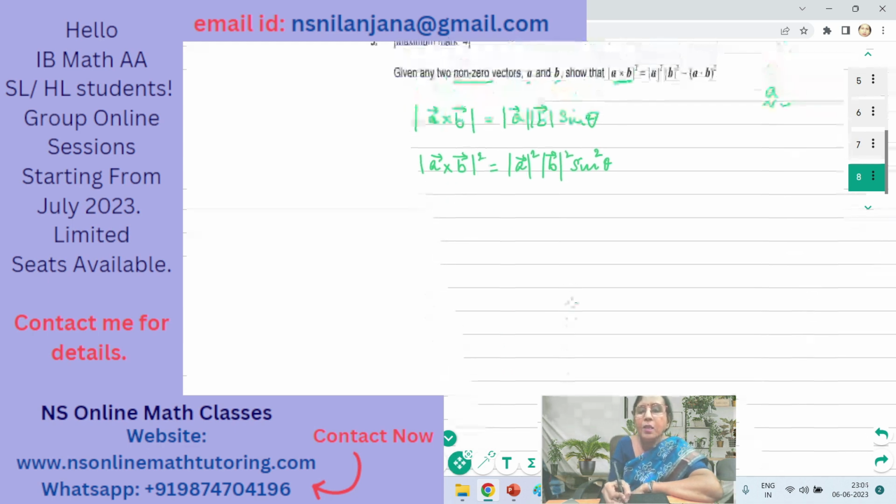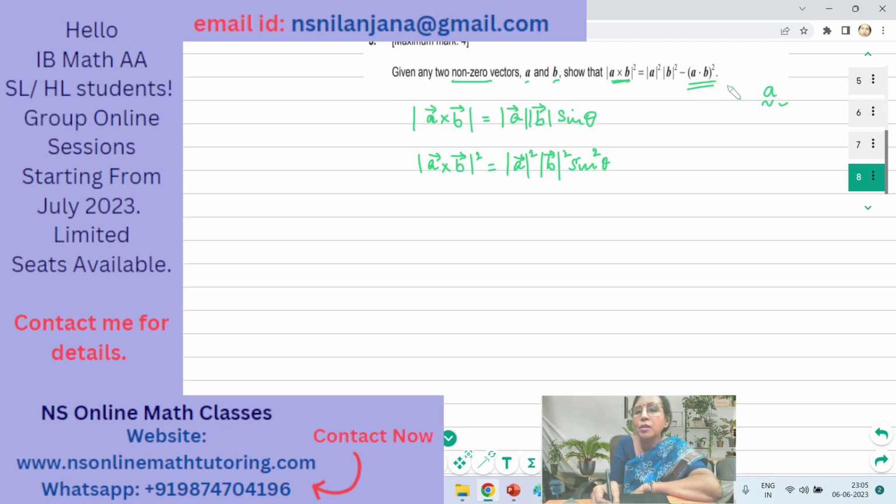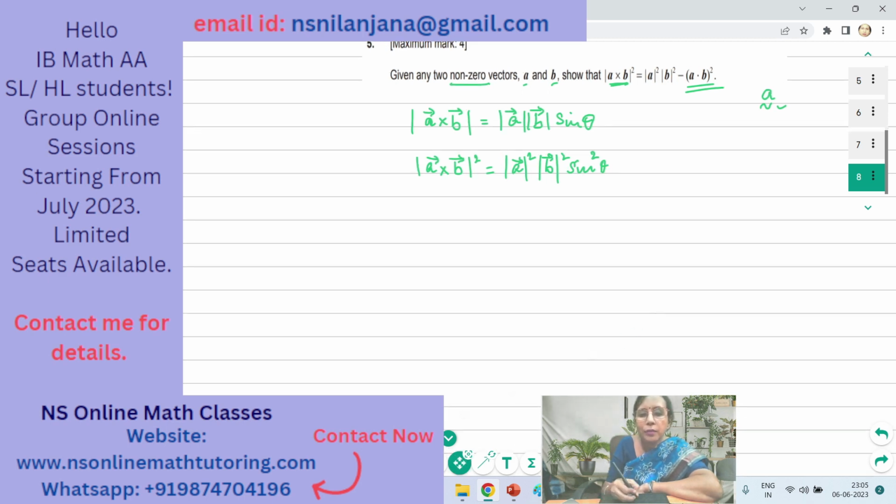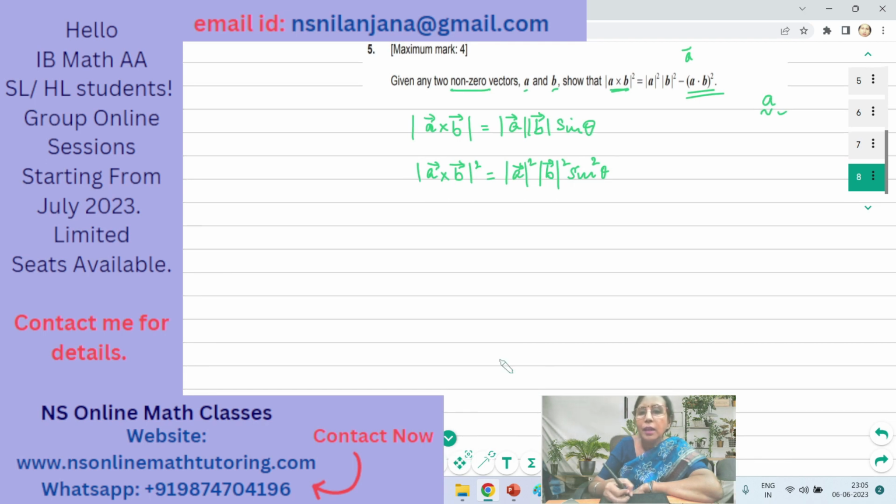And since we have to come to the scalar product, what is the scalar product of the vectors A and B? It is the magnitude of vector A times the magnitude of vector B times the cosine of the angle theta, where theta is the angle between these two vectors.